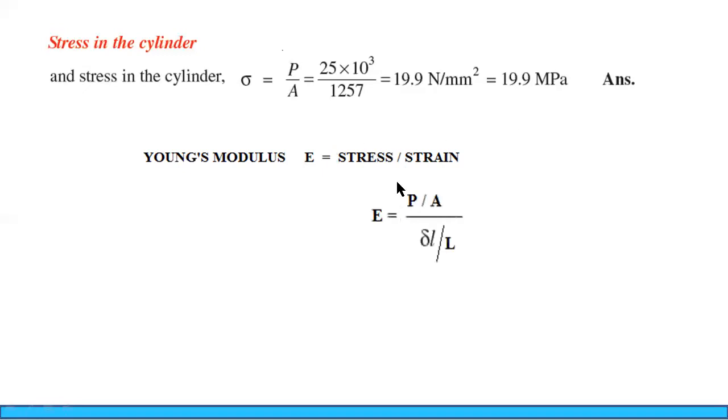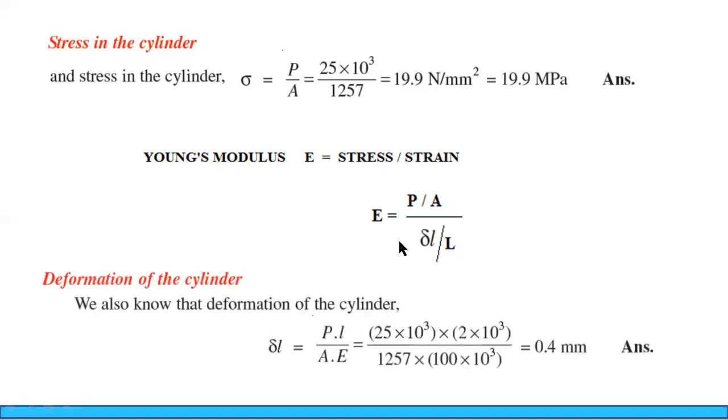The formula for Young's modulus equal to load by area by change in length by original length. Here change in length or delta L is the change in length or elongation in the pipe. Okay, so here the value of P by A equal to 19.9, and we have to find the value of delta L, and the original length L is also given, that is 2000 mm, and the capital E also we know that. So substitute all these values.